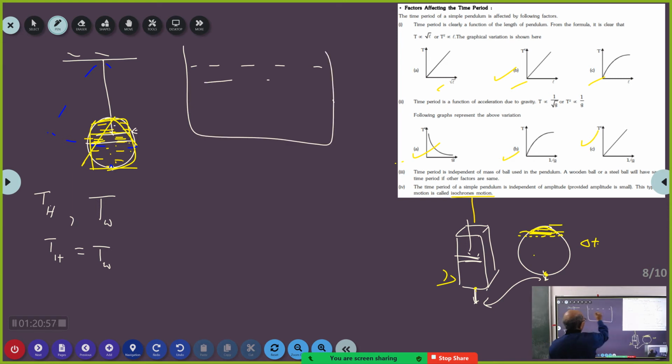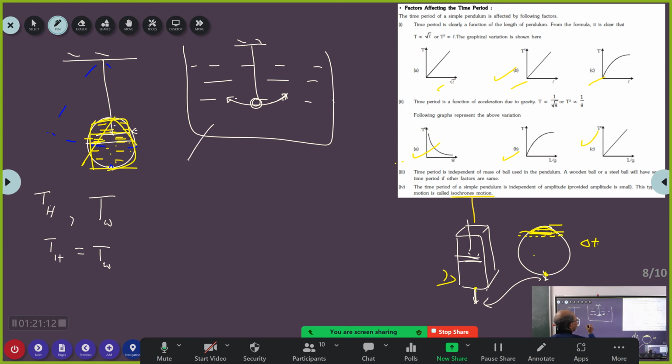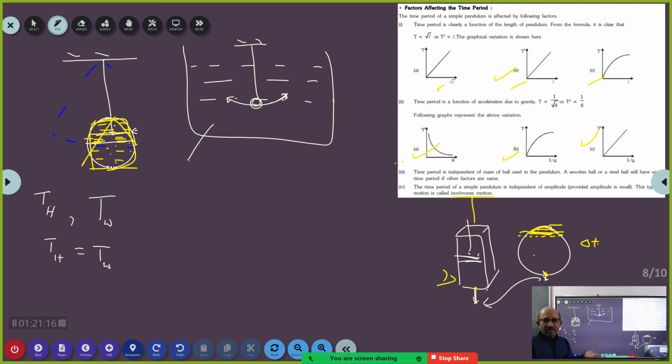There is a fluid, and well, you have got a pendulum here, and then you set it to motion. Then they will give you the density of this. They will ask you to find the period of oscillation, whatever it is. That can be another problem.